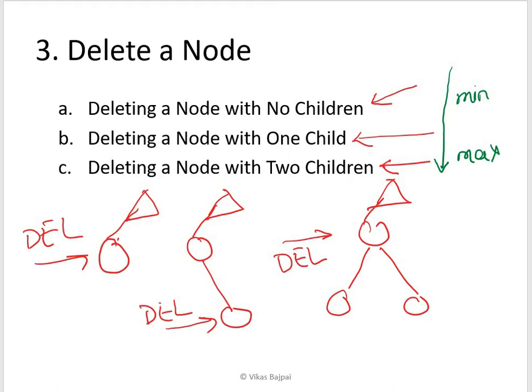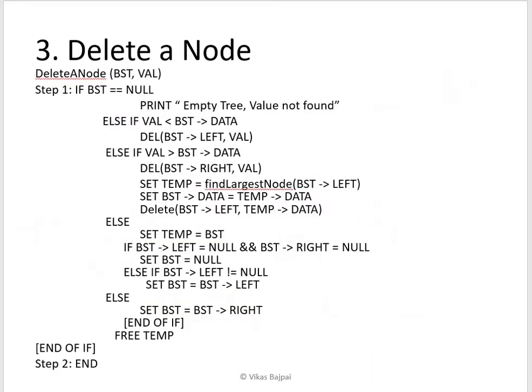So let's see how this particular algorithm works. Now, looking at this particular algorithm, this looks to be a very complicated one. So don't get confused. I'll try to explain to you with the help of several examples, so that would give you an ease.